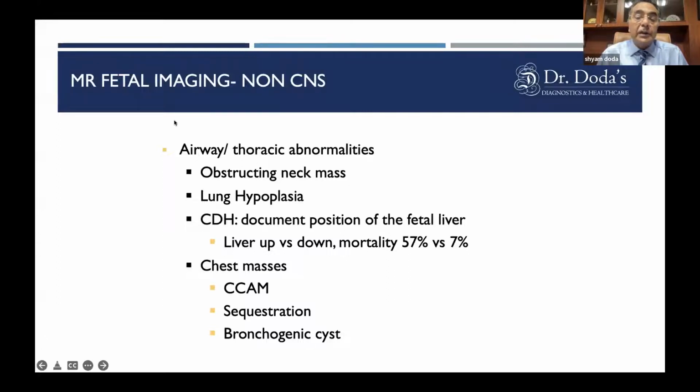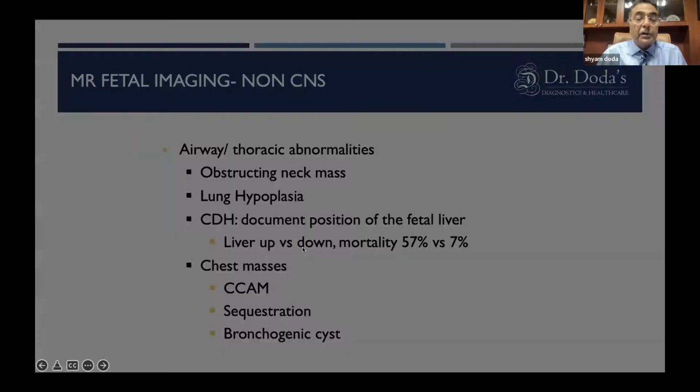Now, coming to other areas, the neck masses, we all know about cystic hygroma and lung problems. We know about cystic adenomatoid malformation and sequestration; we have been seeing all these things in various forms on ultrasound very, very effectively. There is no doubt about this. And sometimes there are problems.